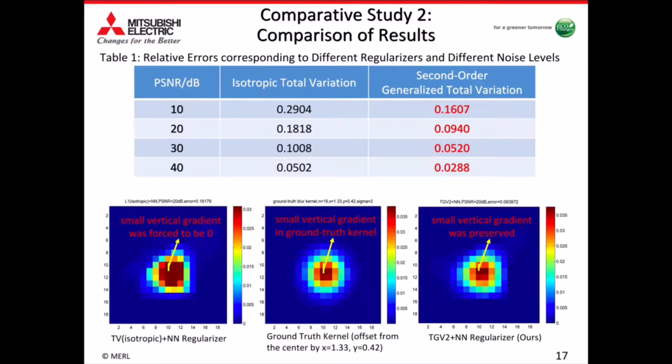The major drawback of isotropic total variation, as shown in the left image, is that L1-based constraints introduce sparsity on the gradients. This forces the small gradients to be zero, which violates the property of Gaussian low-pass filters or many other models of blur kernel, because the gradients close to the center of the blur kernel are small, but should not be zero.